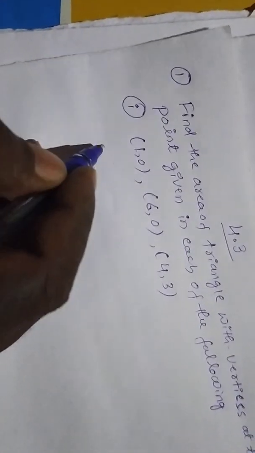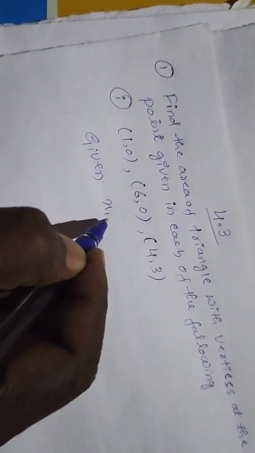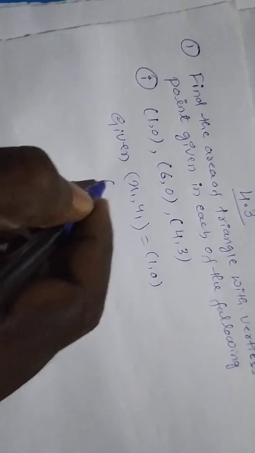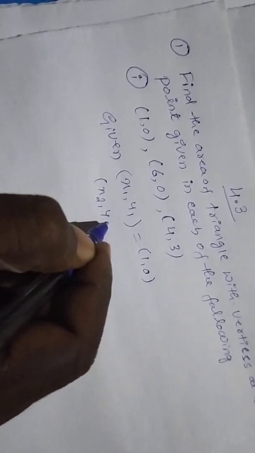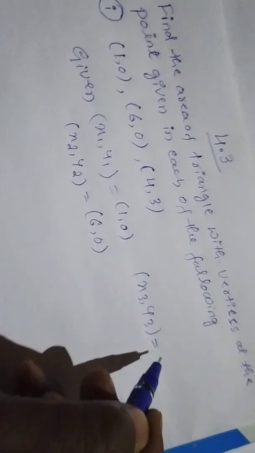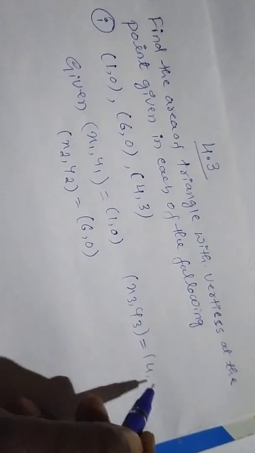Here they have given (x1, y1) equals (1, 0), (x2, y2) equals (6, 0) and (x3, y3) equals (4, 3).